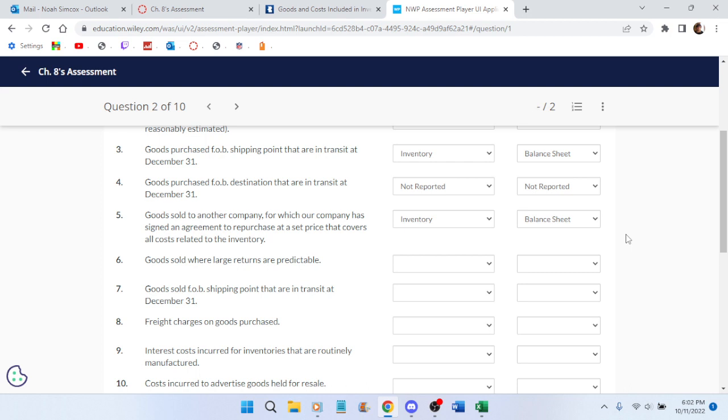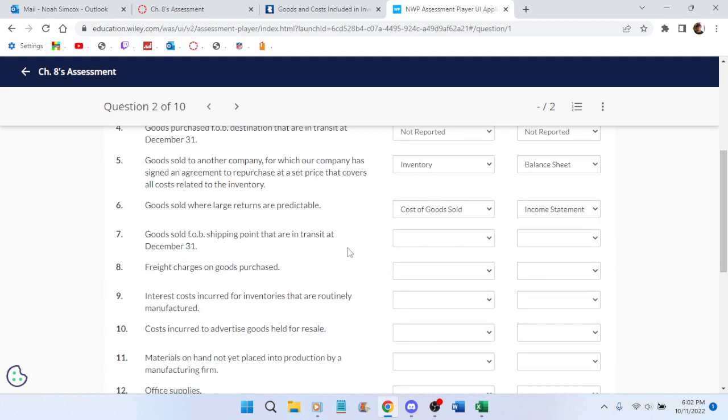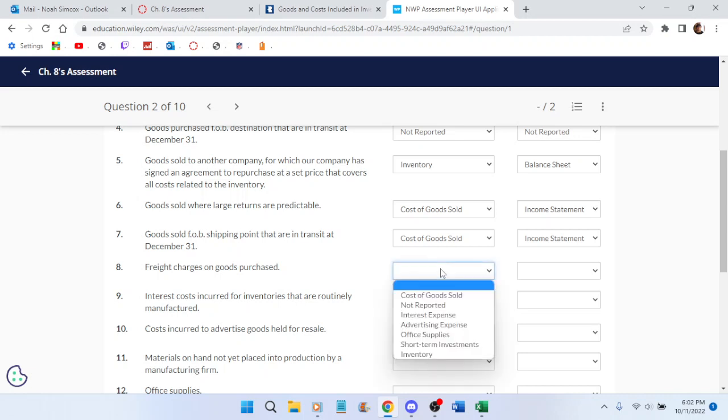Goods sold where large returns are predictable. Cost of goods sold. Goods sold. They are in transit, so their cost of goods sold. Freight charges on goods that are purchased should be included as inventory.